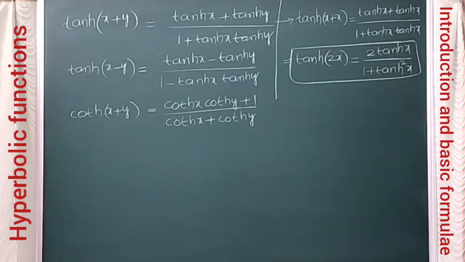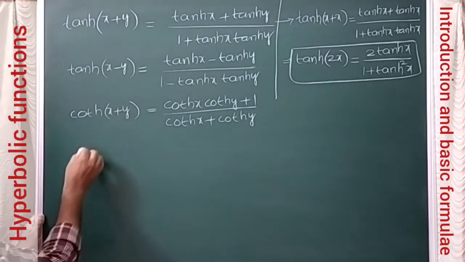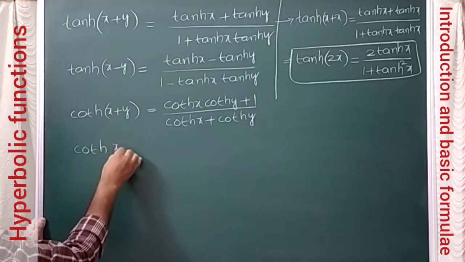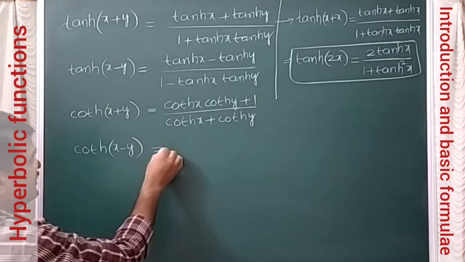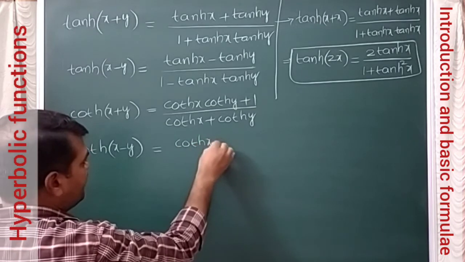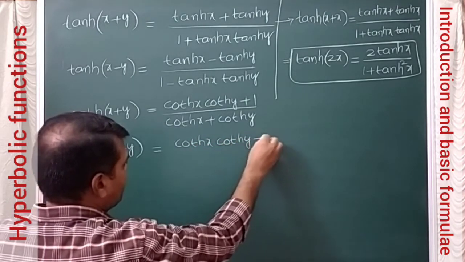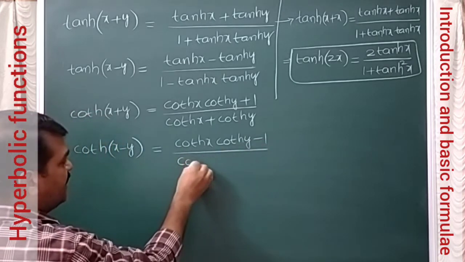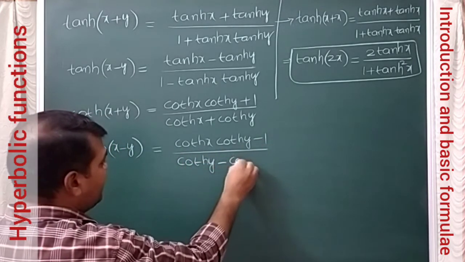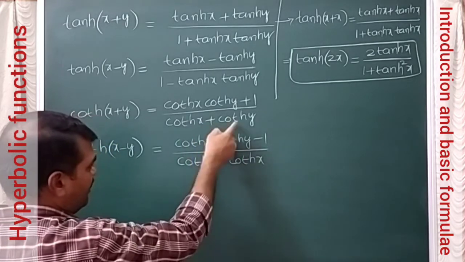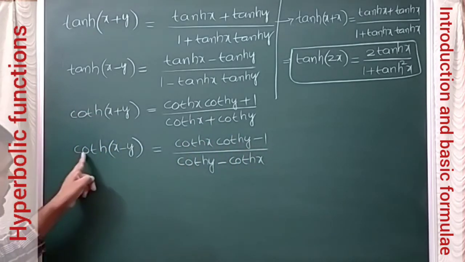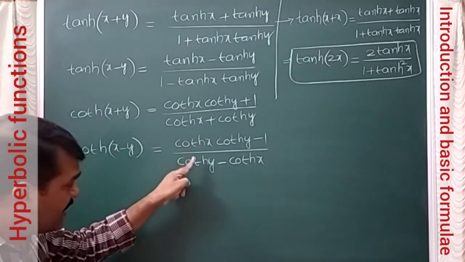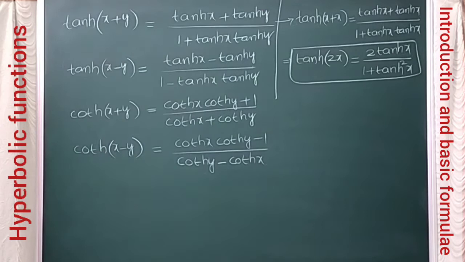And now when we replace y with minus y, coth of x minus y will be (coth x coth y minus 1) by (coth y minus coth x). The order is different in the denominator. You can see for coth of x minus y, in the denominator coth y minus coth x will come.